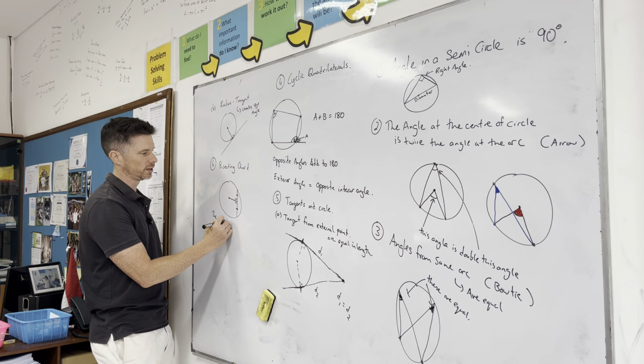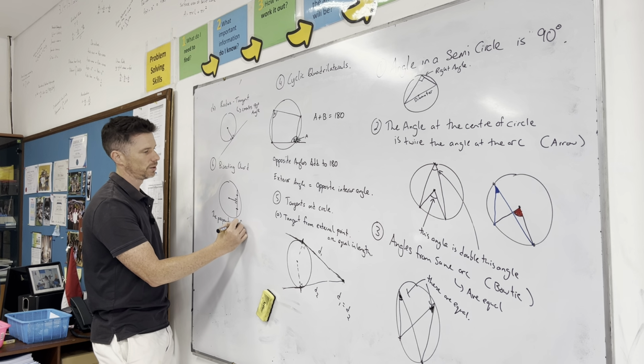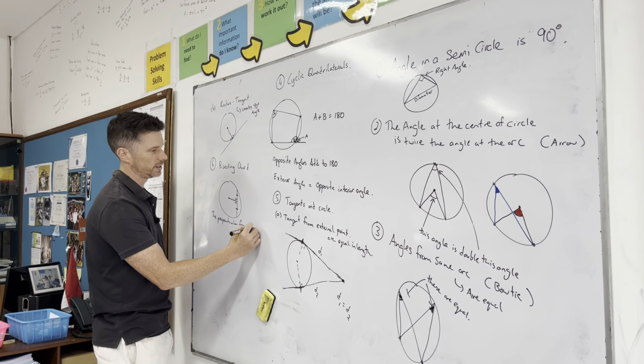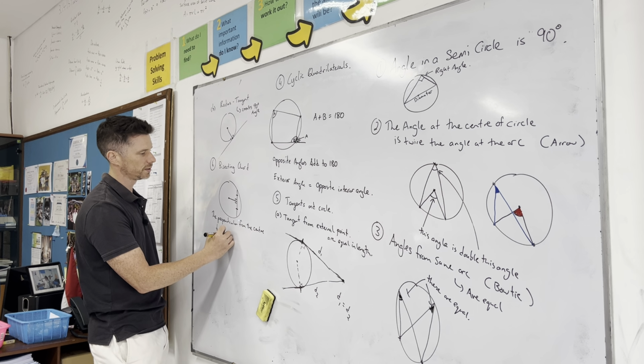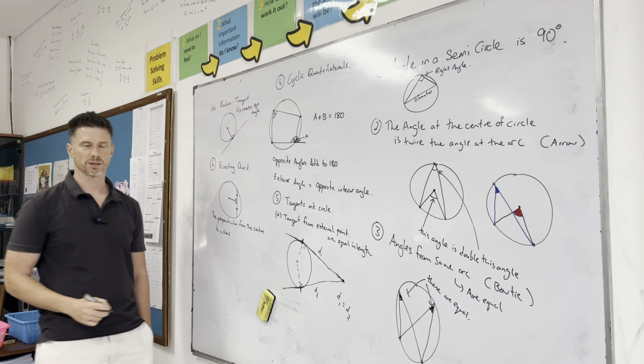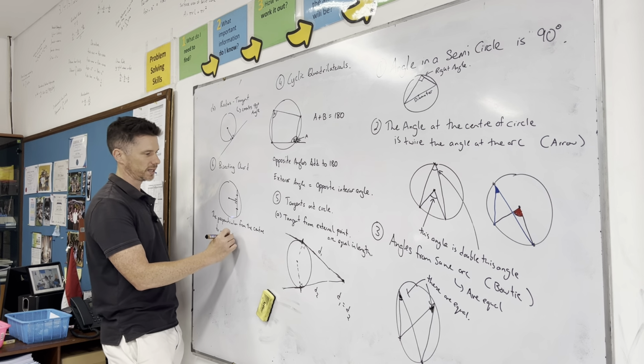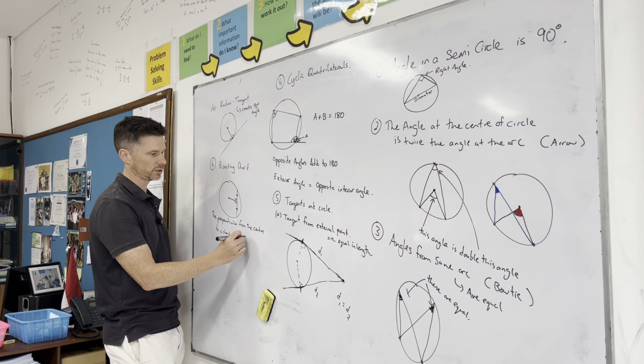The perpendicular from the center to a chord, so a chord is any line that doesn't go through the center, bisects the chord. So bisect, cuts in two.